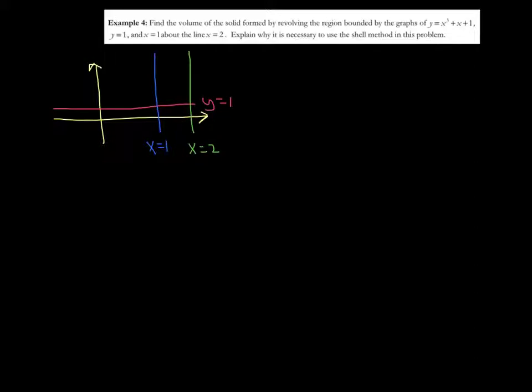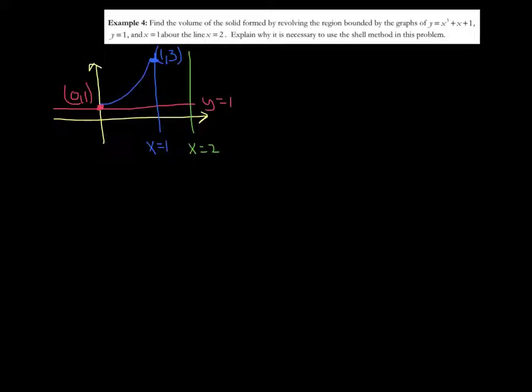Well, we know it's a cubing function, and so if we plug in 0, we will get 1. So this point is the point 0, 1. And if we plug in 1, it looks like we will get 3. And so that is going to be the point up here, 1, 3. And we know it's a cubing function, so it's going to look something like that.